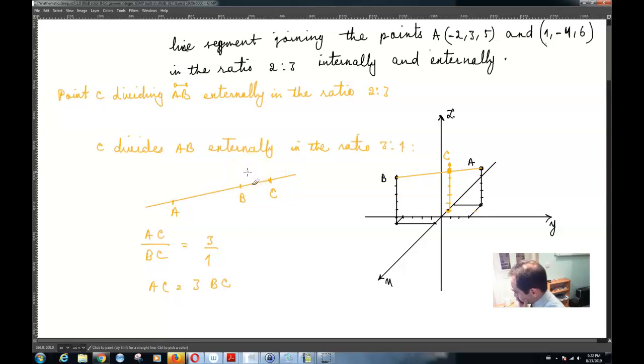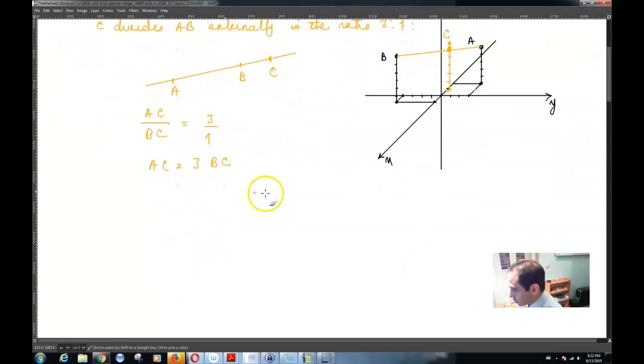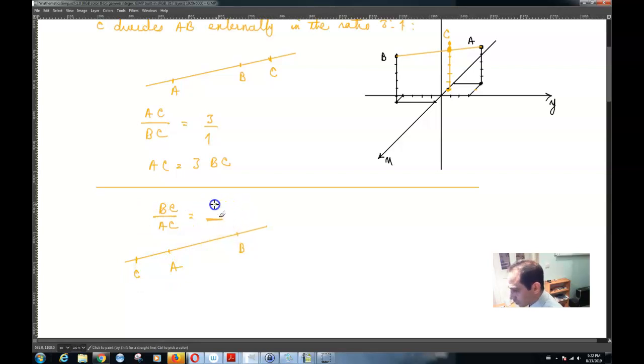And of course, the other way around, if you have the same line segment AB, the same A and B over here, and the point C over here, and if BC to AC is equal to 3 to 1, we say that C divides BA externally in the ratio 3 to 1.